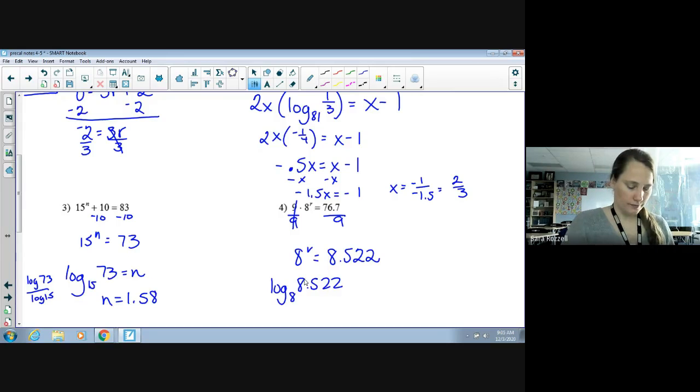Type it in again. And I got 1.03. So log 8.522 divided by log 8.